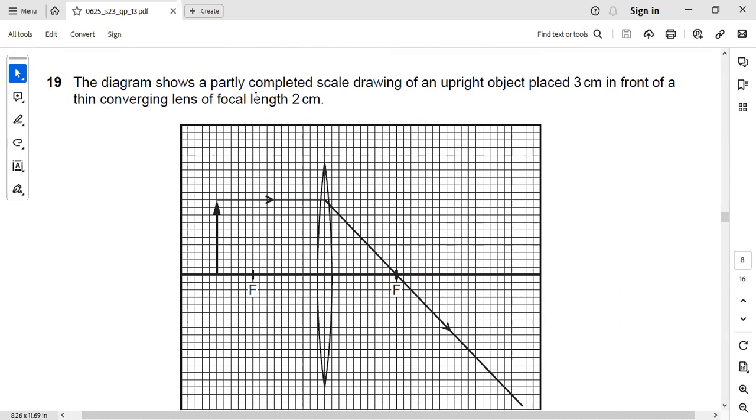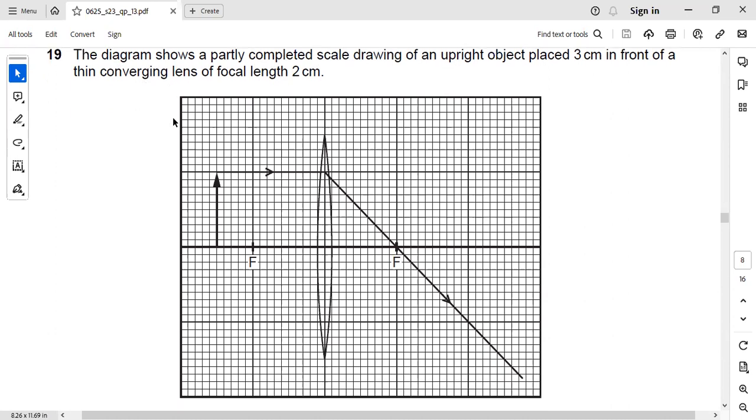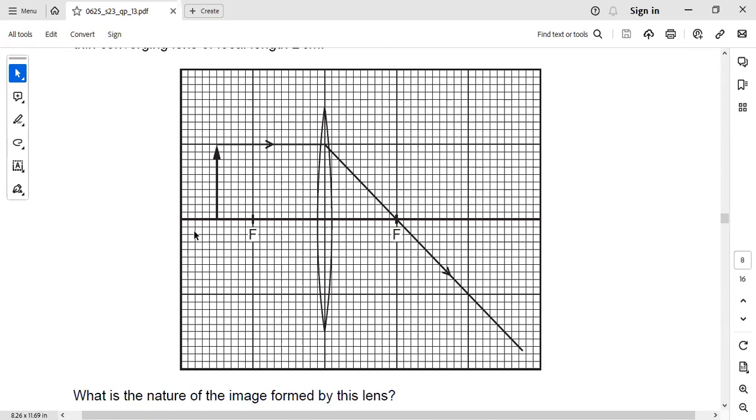Next, the diagram shows a partly completed scale drawing of an upright object placed 3 centimeter in front of a thin converging lens of focal length 2 centimeter. What is the nature of the image formed by the lens?